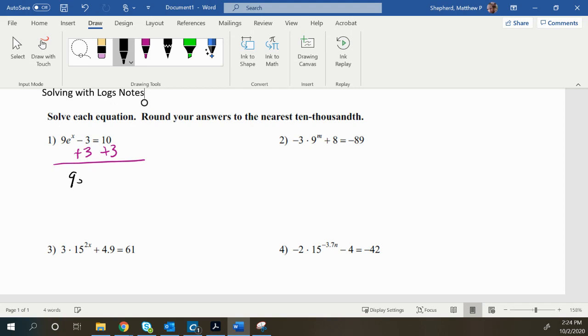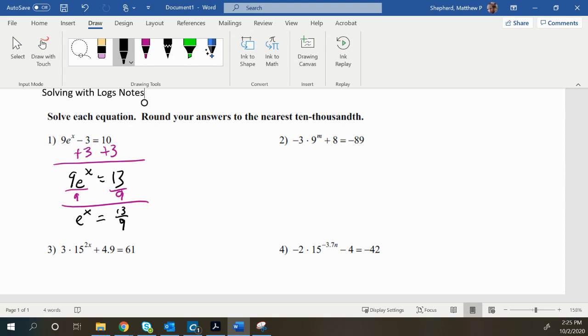So now I've just got 9e to the power of x is equal to 13. I see that I'm multiplying by a 9, so let's divide by 9. So I've got e to the power of x is equal to 13/9.